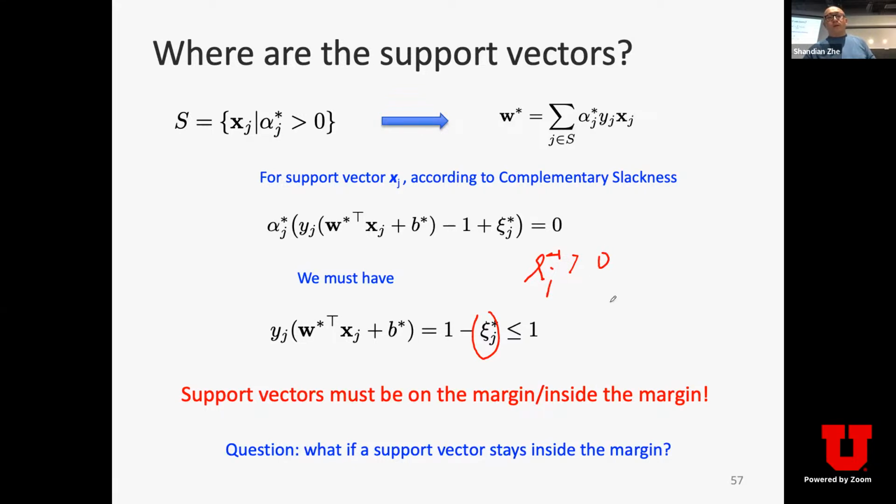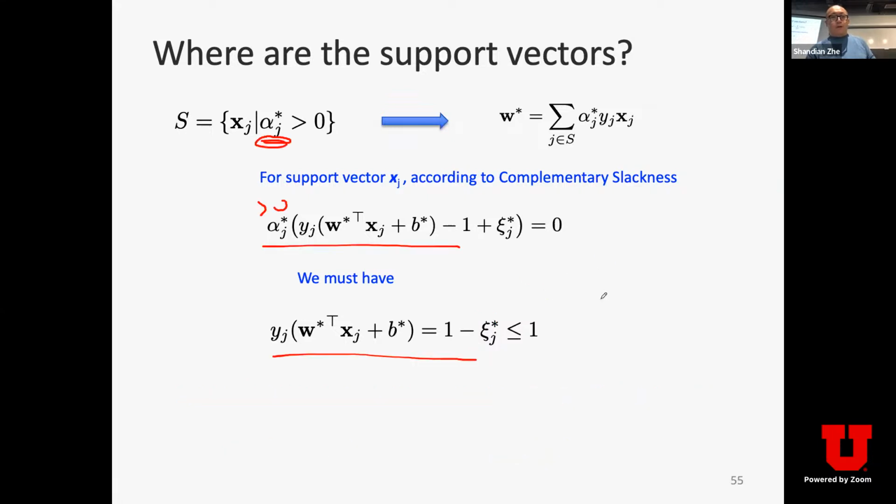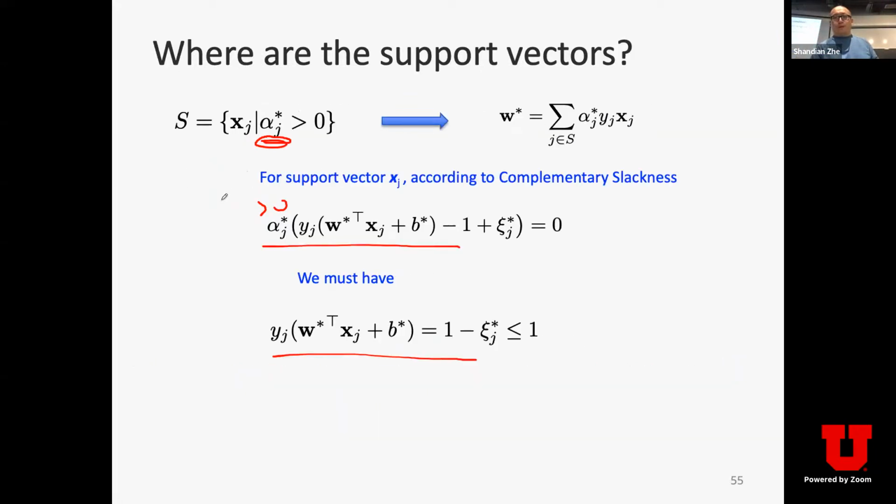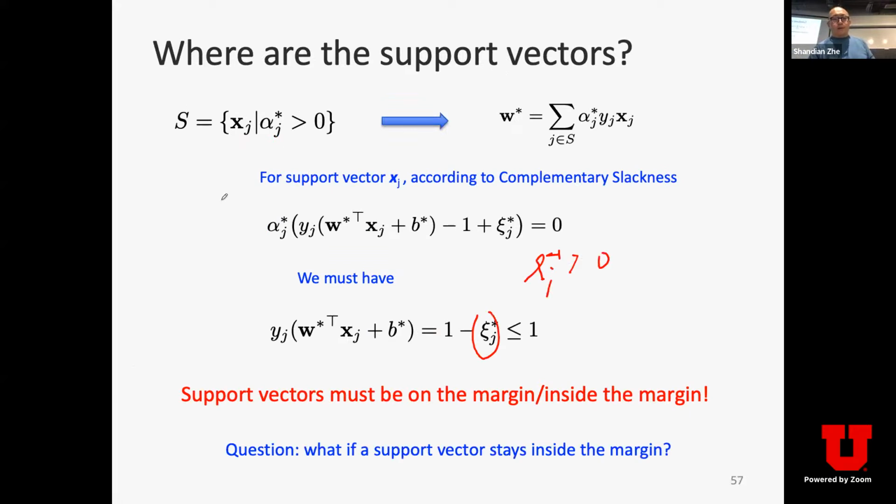If it is strictly bigger than 0, according to complementary slackness, this beta_j star must be 0, and then alpha_j star must be C. So that means alpha_j has reached its upper bound. This is another interesting conclusion we can analyze.